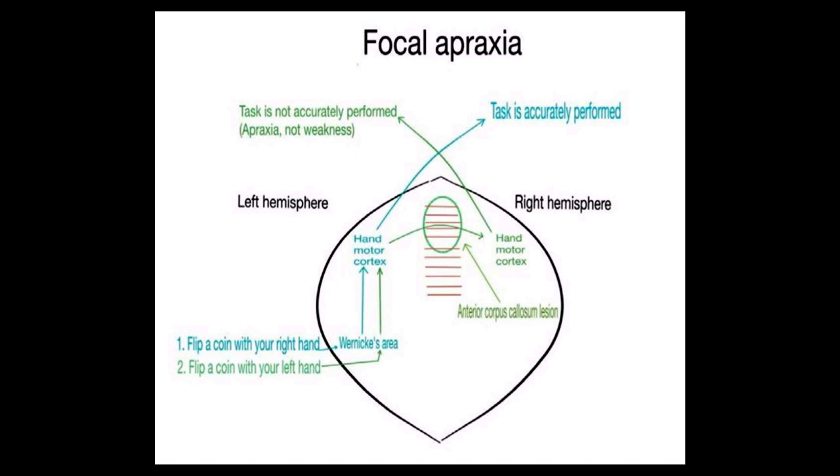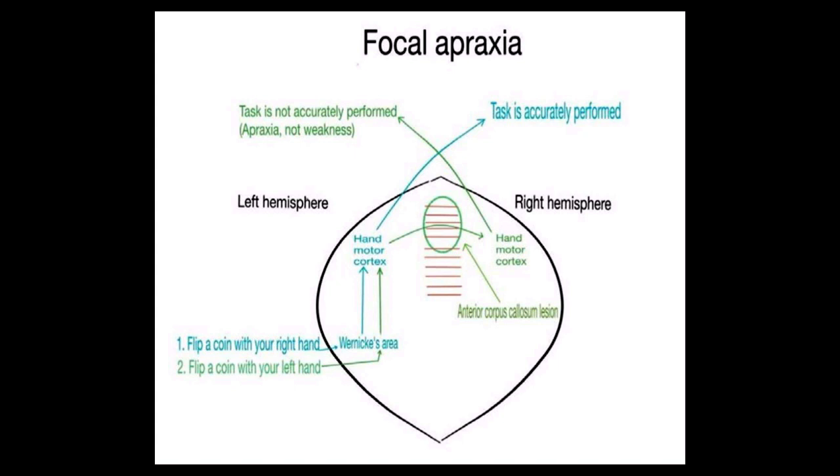Now the problem arises if we have a lesion here of the anterior corpus callosum and we ask a patient to flip a coin with their left hand. To flip a coin with your left hand you need to activate motor cortex in the right hemisphere, right? So please flip a coin with your left hand. The command is understood, and that information moves forward and needs to cross over right here in the anterior portion of the corpus callosum. A lesion here prevents the information from accessing the right motor cortex.